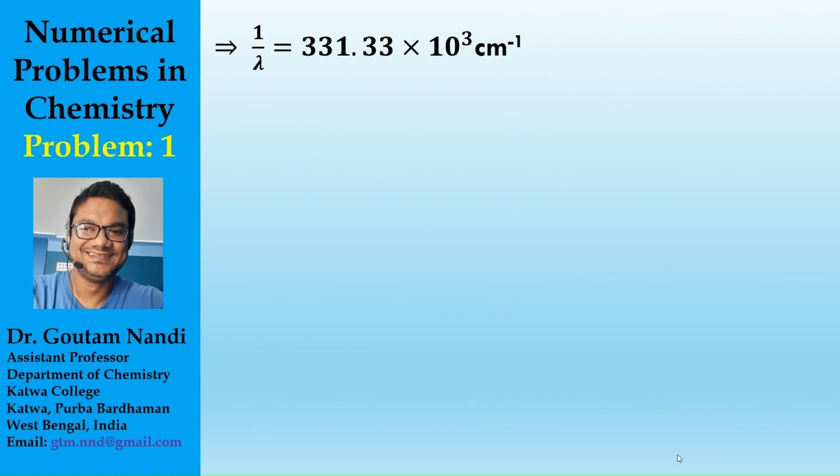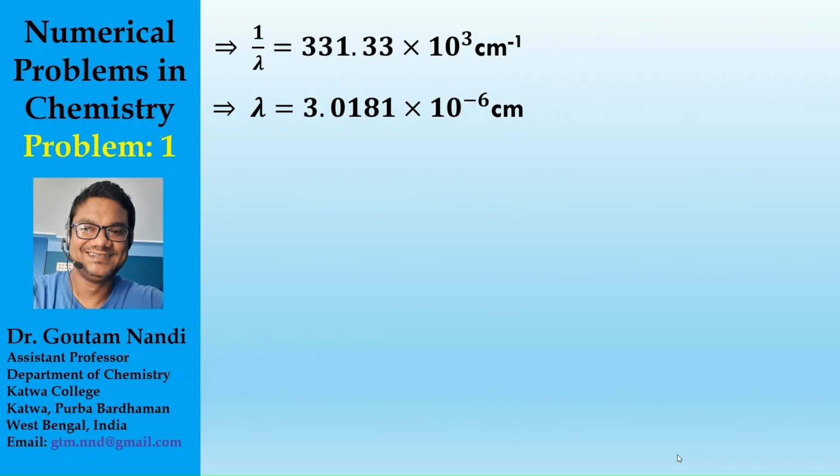But we need to know the value of lambda. So we have to take the reciprocal of this value, and this will give the value of lambda, and it comes as 3.0181 into 10 to the power minus 6 centimeter.